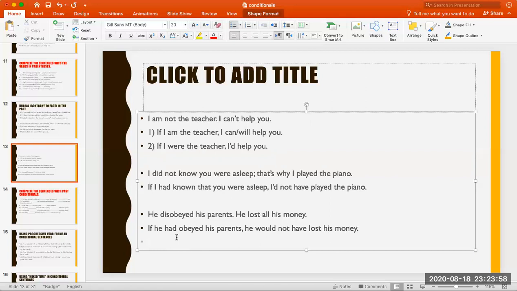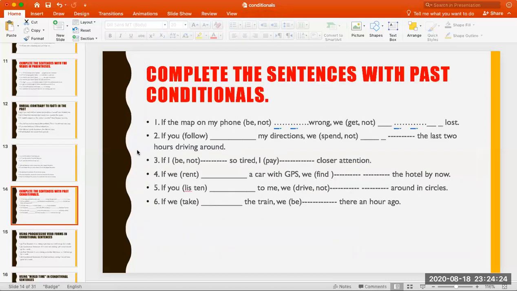Or if he hadn't disobeyed his parents, he wouldn't have lost his money. Interesting sentence. But if you read a sentence like this, we know he already disobeyed his parents. He already lost the money.